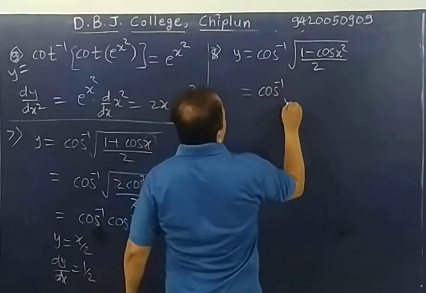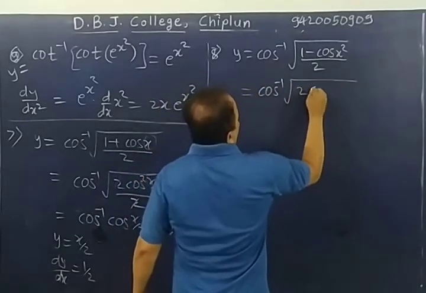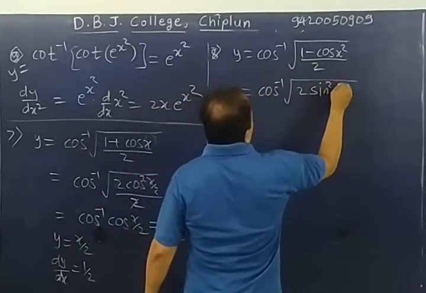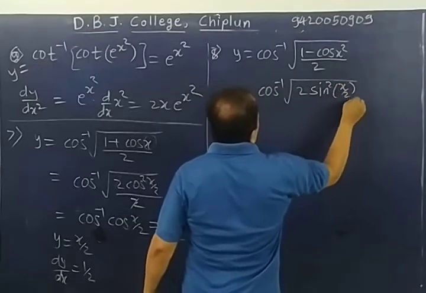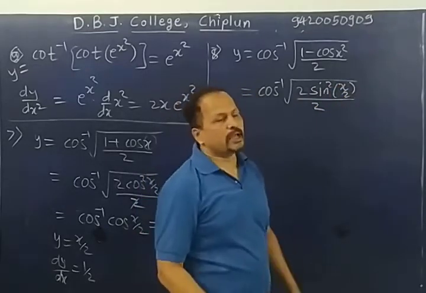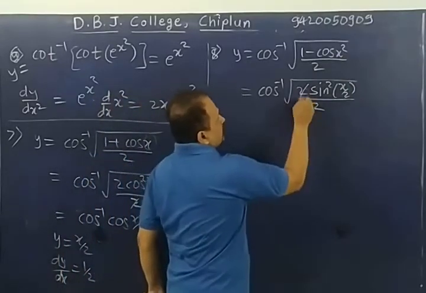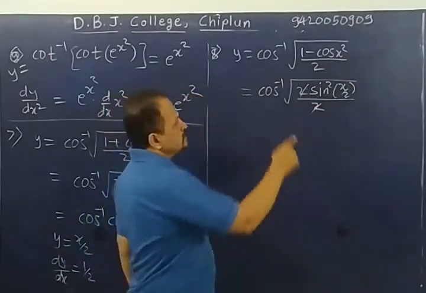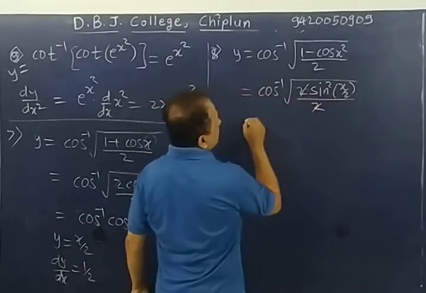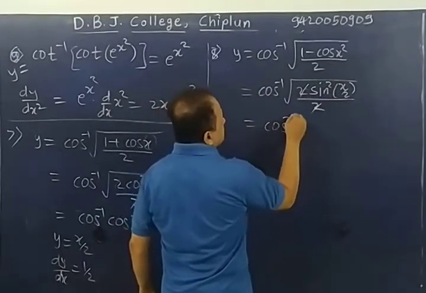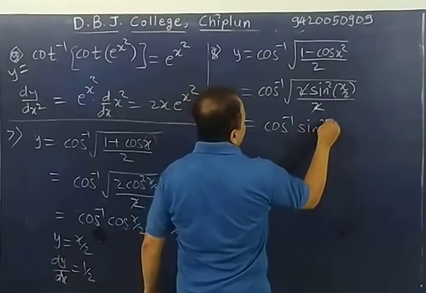Cos inverse square root of 2 sin square x by 2 upon 2. The angle becomes half. 2 will get cancelled. Square root and square will nullify each other. You get cos inverse sin x by 2.